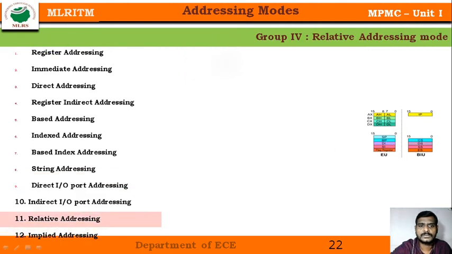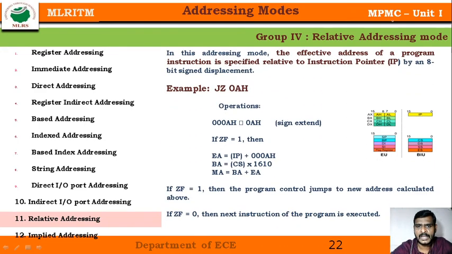Then relative addressing mode is another group of addressing modes. It operates whenever I want to relocate, or jump from one location to another location. For example, JZ is nothing but jump on zero. It operates depending on the content of your flag register.